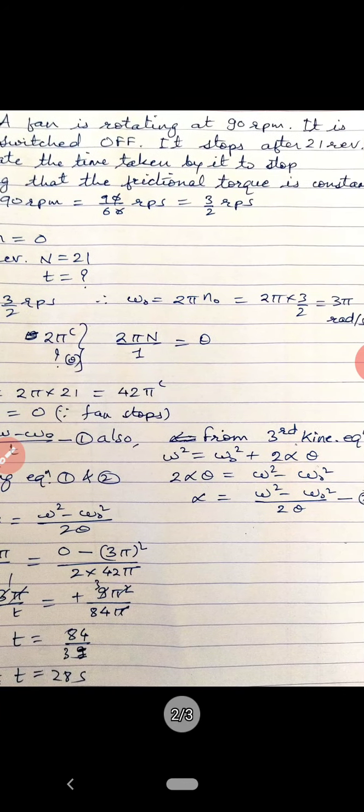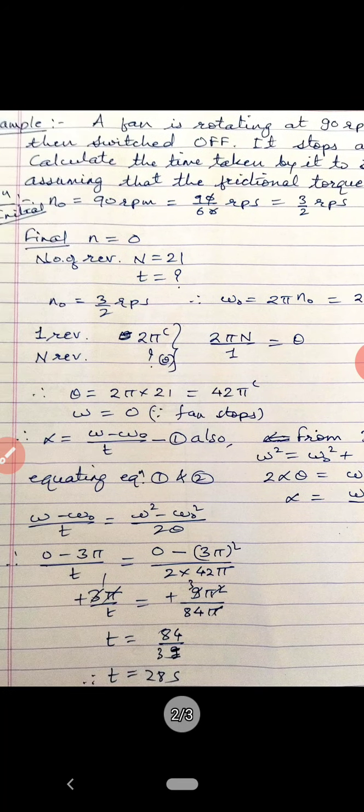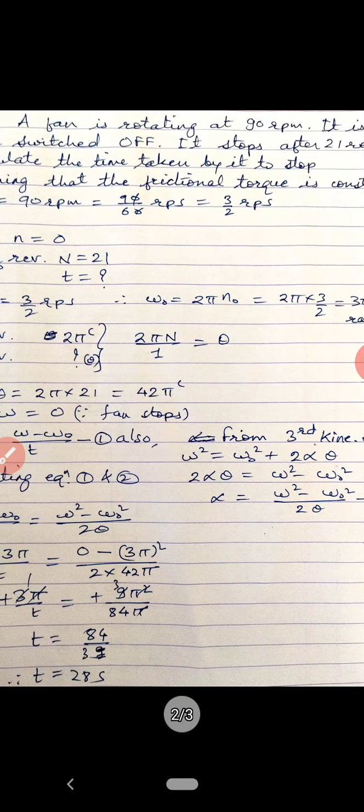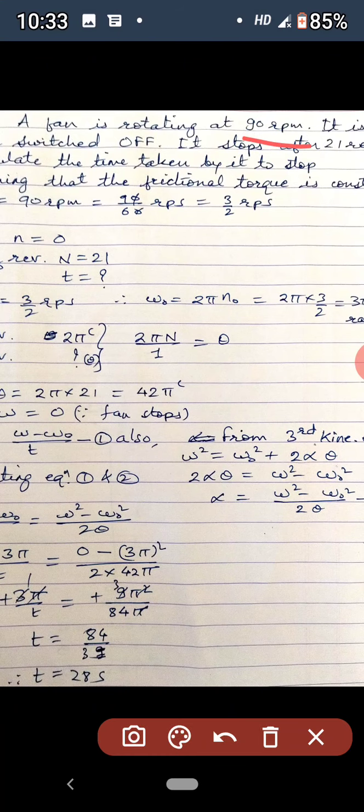A fan is rotating at 90 rpm. It is then switched off. So initially that fan is rotating at 90 rpm, which is the given value.